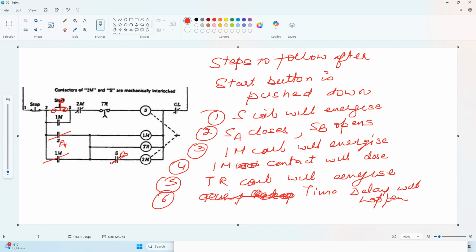Okay? When time delay happens, what's item number 7? How do you have time delay? Do you guys see? There is something called normally closed time open contact right there. Okay? So after time delay, TR contact will open.